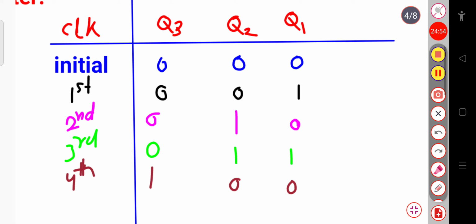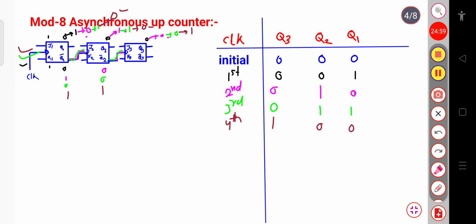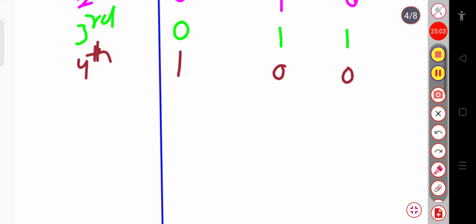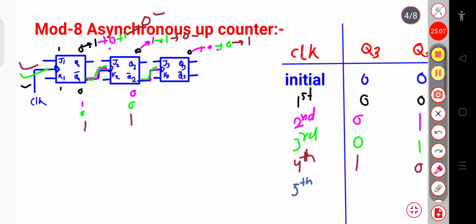Here you can see Q1, Q2, Q3 is 0, 0, 1. Now for the fifth clock pulse, when the clock pulse is given, this 0 value goes to 1, and here the complement will be 0, so that these two will be in the off condition. When the first is off, the other two are also off.